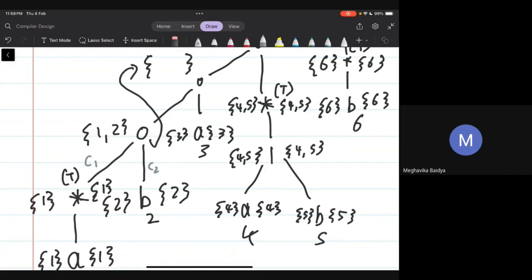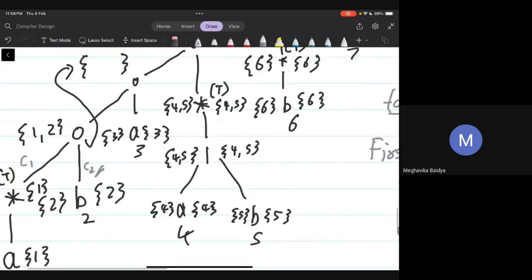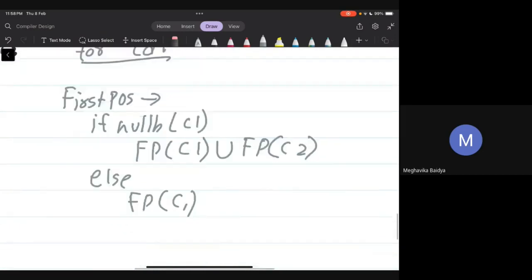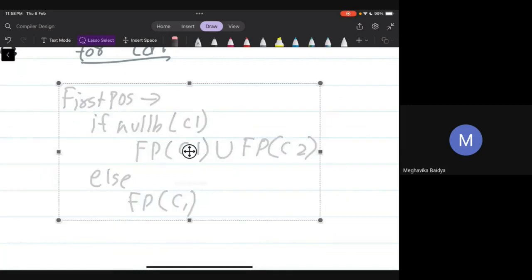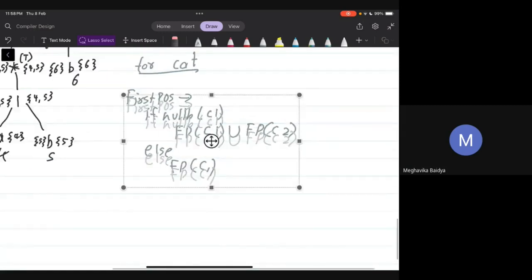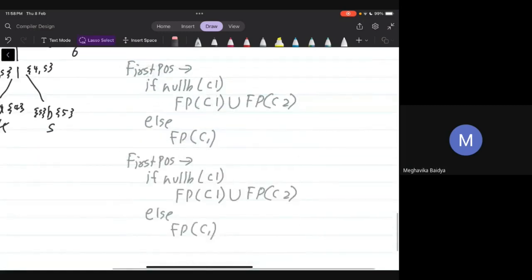So I'm saying for last pos, you check the nullability of C2. If C2 double equals true, then same thing here. So if nullability of C2, I'll copy and paste here and do this as last.